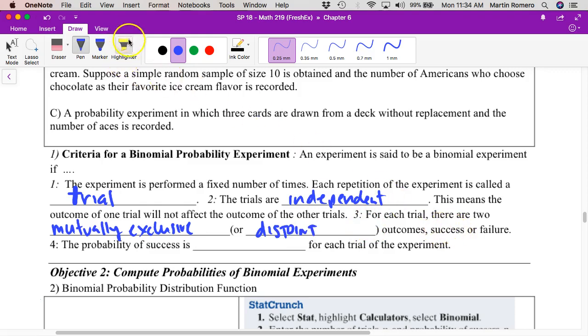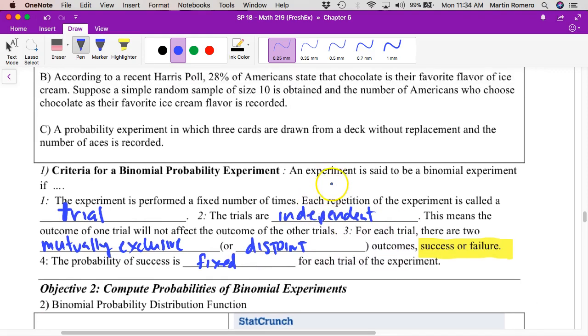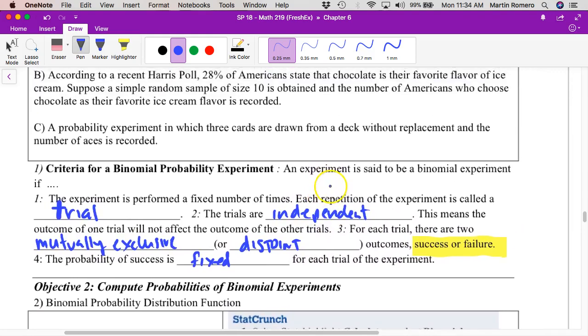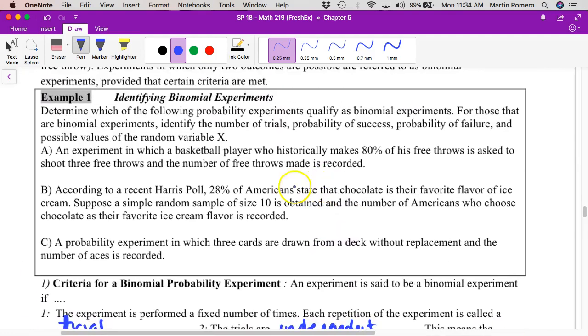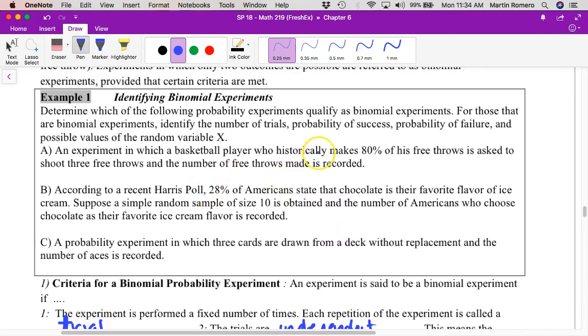Success or failure is the common phrase we use for that. And then the probability of success is fixed, it does not change, it's fixed for each trial of the experiment. So once we have these criteria, we can go ahead and determine if these are binomial experiments.